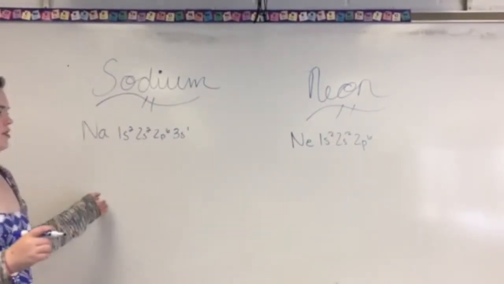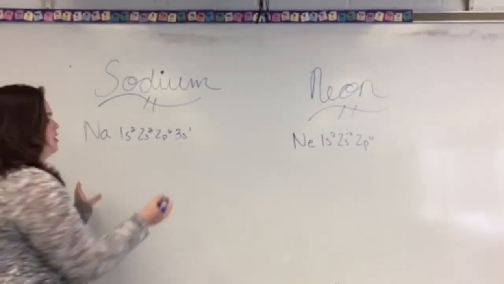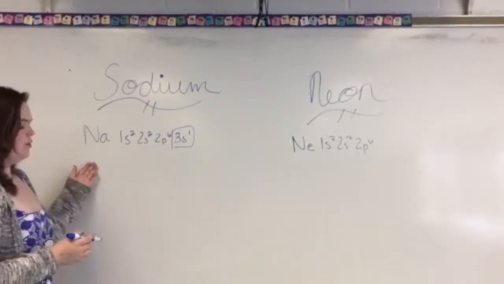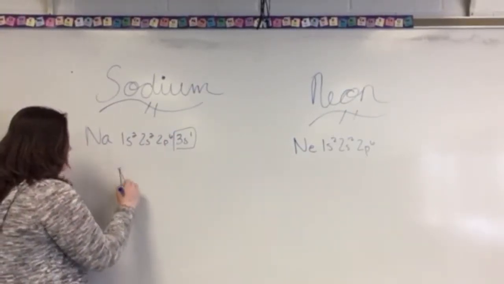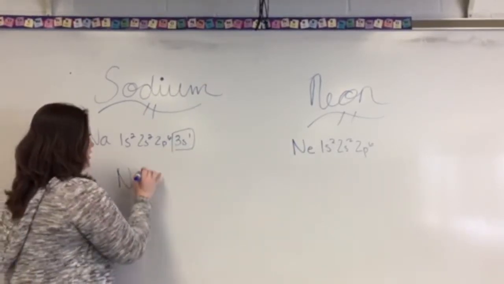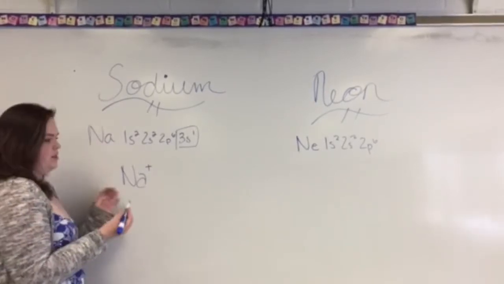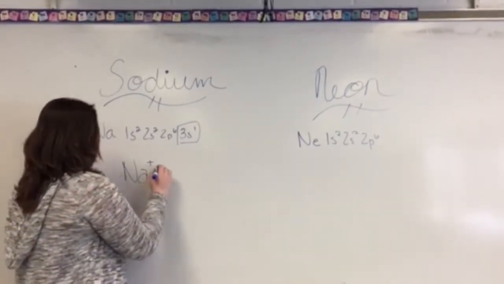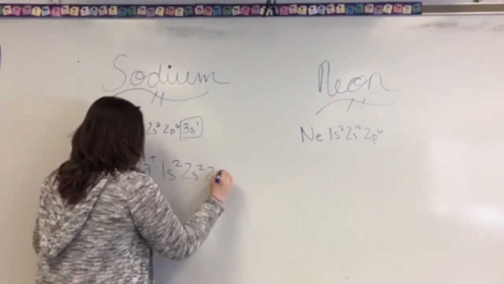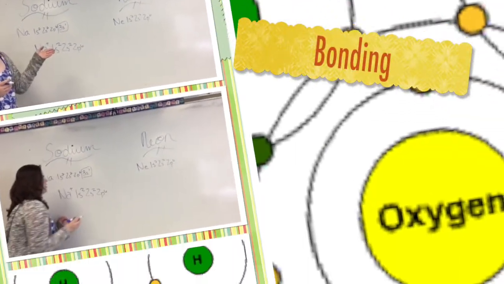So if you compare the 2 electron configurations, you notice there's really only one significant difference, and that's this 3s1 part. So what sodium will do is it will give up its electron in its valence shell, which is the 3s1 electron, to form a sodium ion, which is marked as Na+. And this electron configuration would be, which is, as you can tell, the same electron configuration as neon.